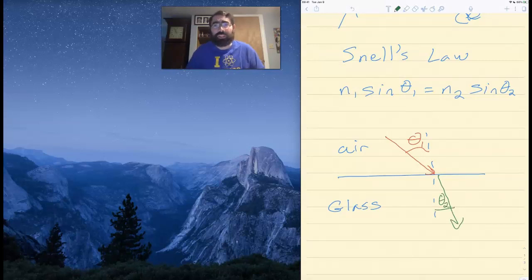So theta 1 is the angle of the ray of light measured from the perpendicular of the surface, and theta 2 is the angle of the light traveling through the glass, also measured from the perpendicular.